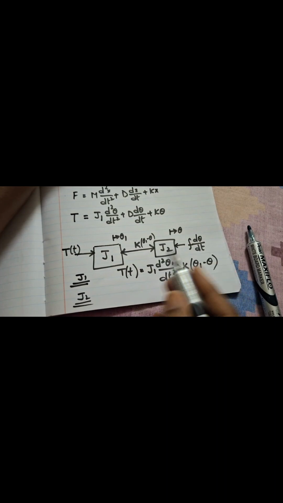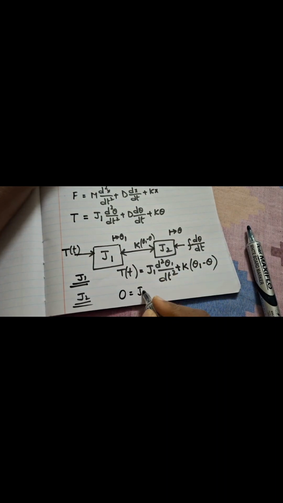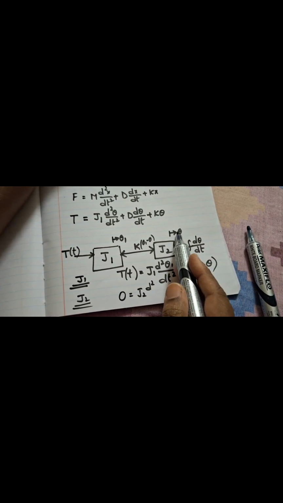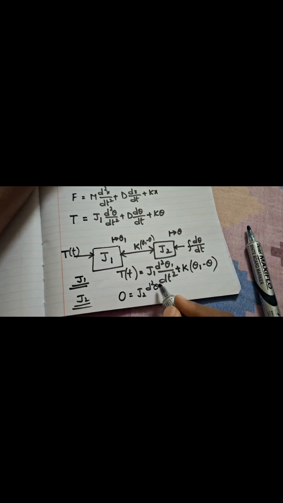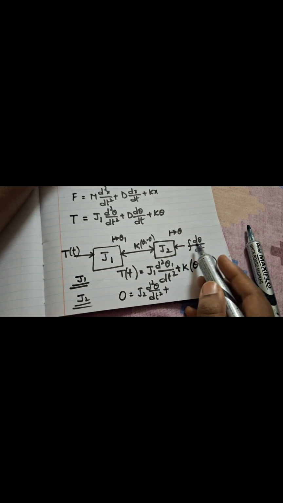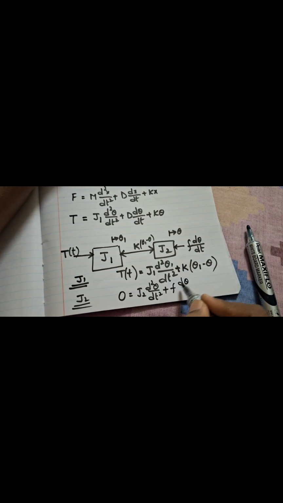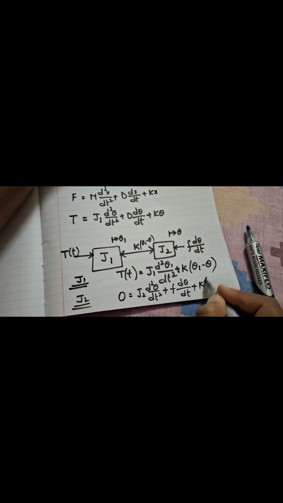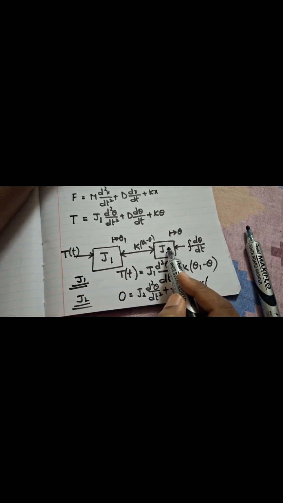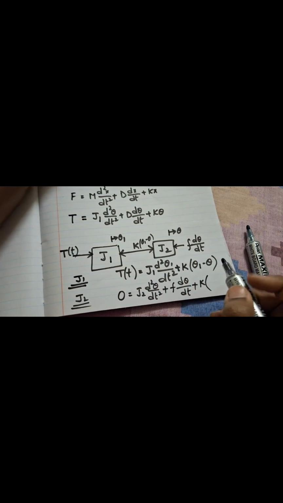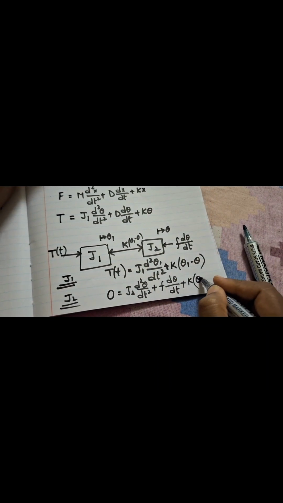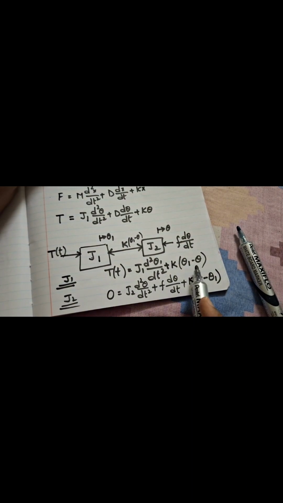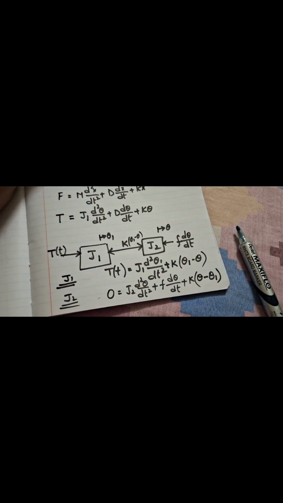K is there, F is there, that's it. So 0 is equal to J2 d square theta by dt square, where angular displacement is theta, plus F d theta by dt, plus K, yes K is there, but K is in connection with both. When we are talking about J2, we should give importance to theta. So theta minus theta 1. So this is equation 1 and this is equation 2.